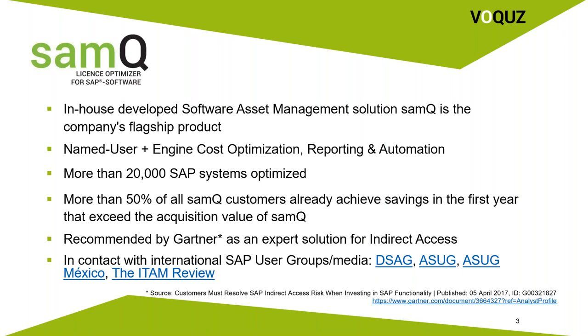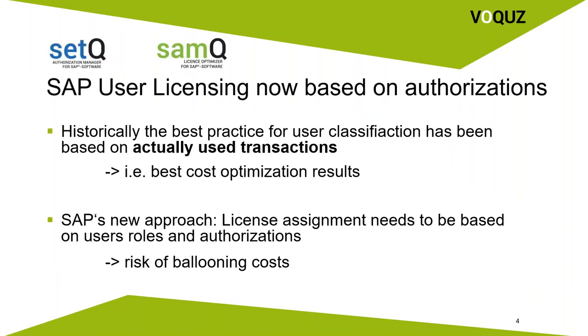Usually our customers see a very quick ROI, and more than 50% of our customers achieve savings within the year of purchasing samQ. We're recommended by Gartner as an expert for indirect access, and we're in contact with a lot of regional user groups. The next presentation is at the German user group meeting, and after this, we're presenting our solutions in November with the Mexican SAP user group.